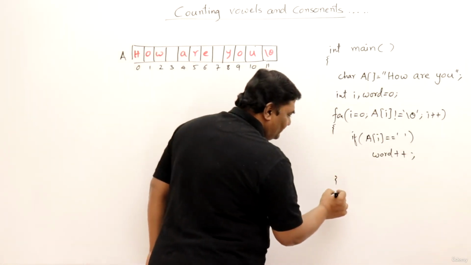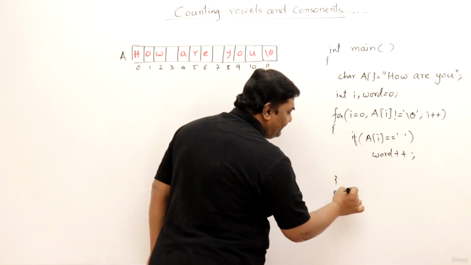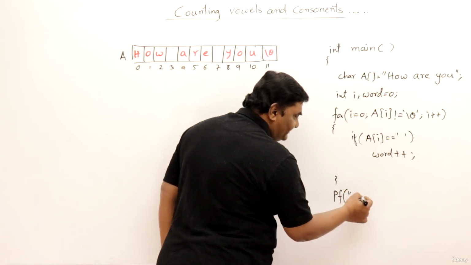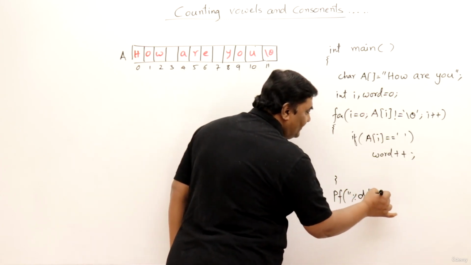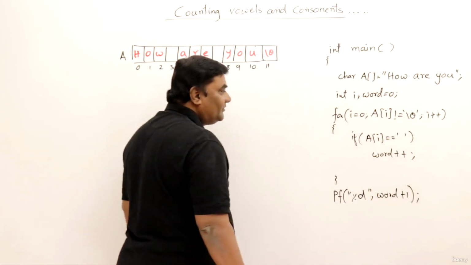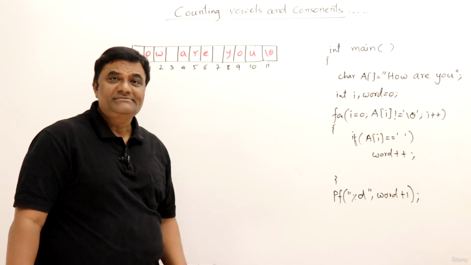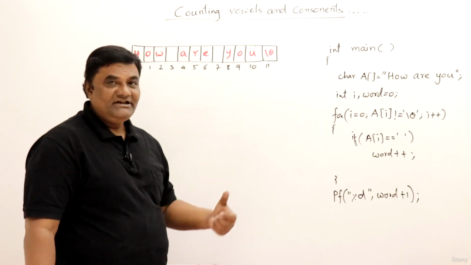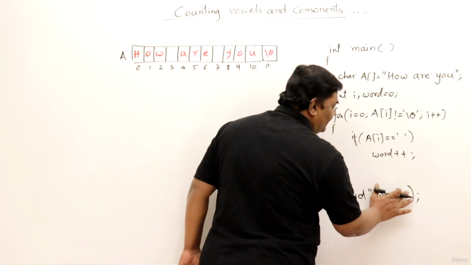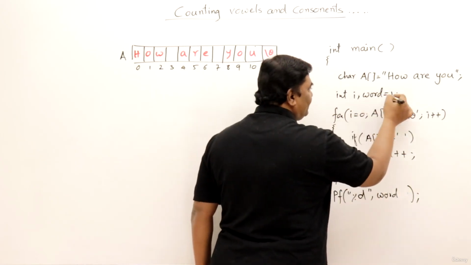And after this for loop, I can printf percentile d, that is number of words that we are finding out. So that should be word plus 1, because word has given me number of spaces. Actually I have counted spaces, then that plus 1 will give me number of words. Or else if you don't want to add it afterwards, then you can start from 1 here.